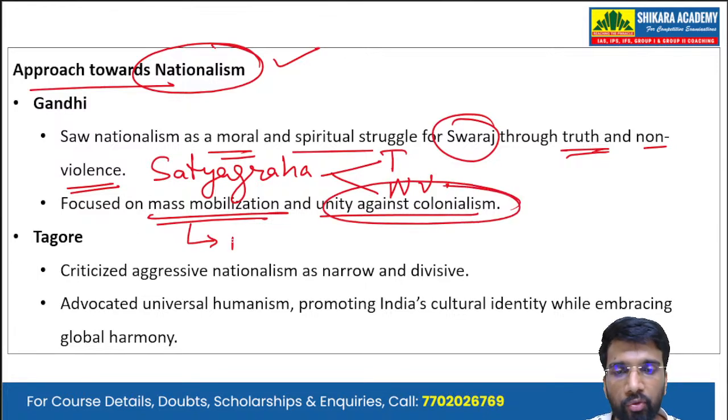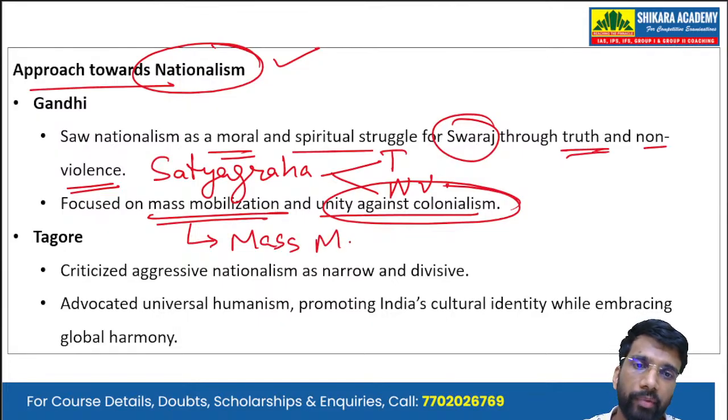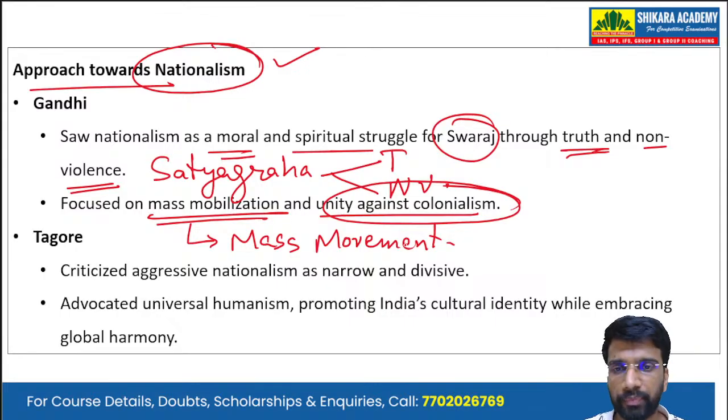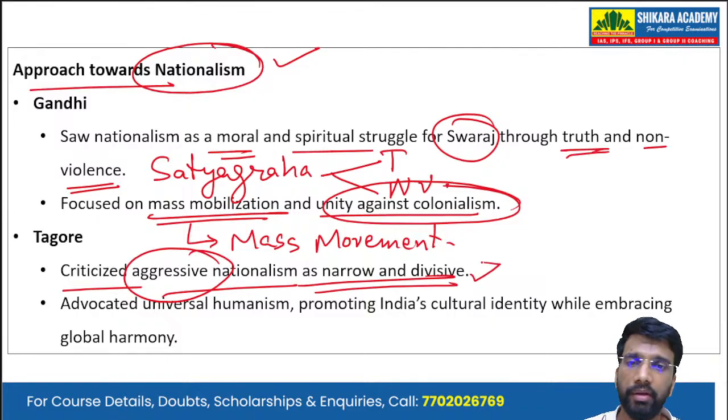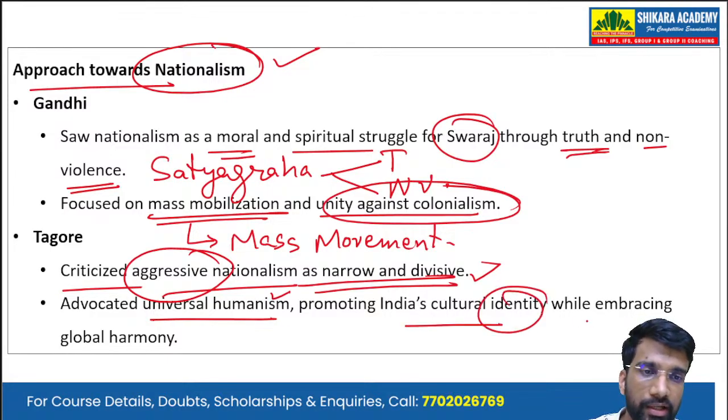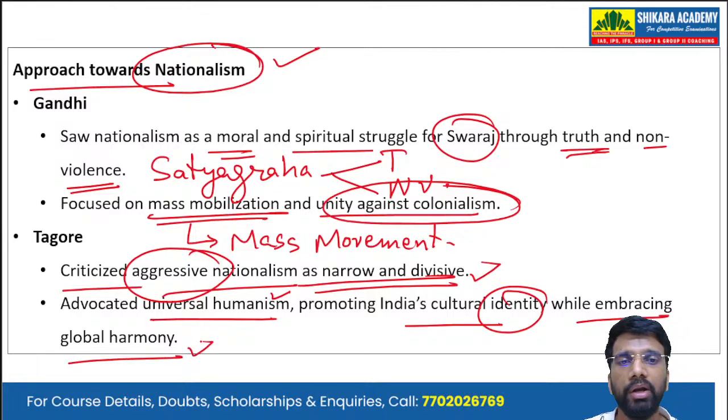See, he wanted every movement to be a mass movement. He led many of the mass movements against the Britishers. Rabindranath Tagore, on the other hand, criticized aggressive nationalism as narrow and divisive. And Rabindranath Tagore advocated for universal humanism, promoting India's cultural identity by embracing global harmony.